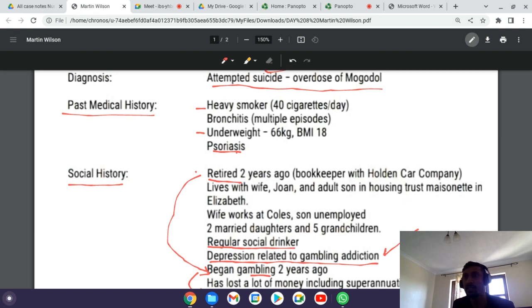That's why he attempted suicide. After that, you can say that he is currently ashamed of that situation and wants to come out of that.